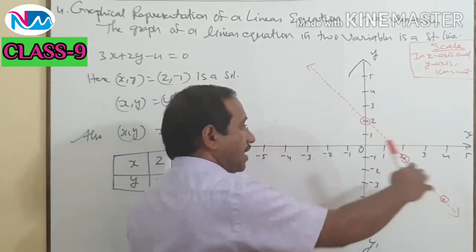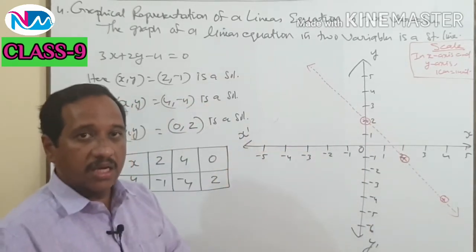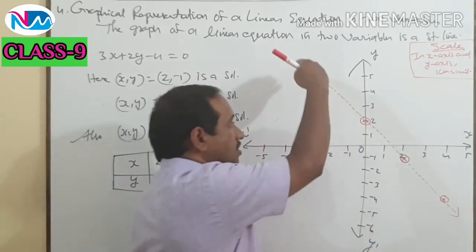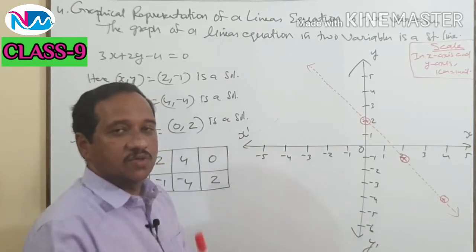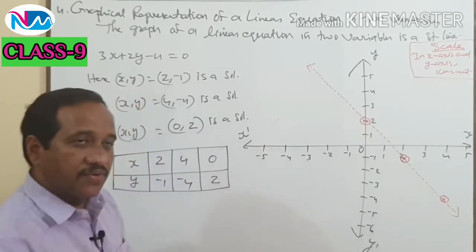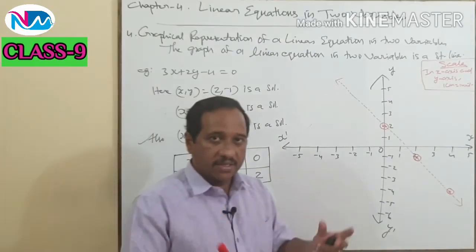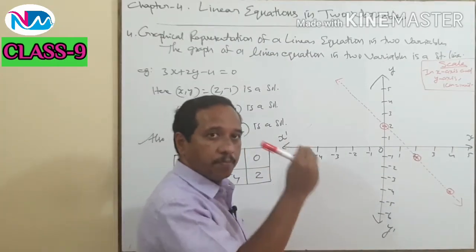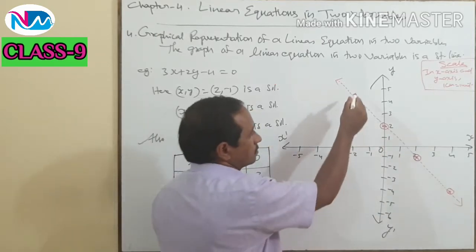This straight line passes through several points, and if you mark any point on this straight line and find its respective x coordinate and y coordinate, that will definitely be a solution of this equation. That means I am going to mark a point on this straight line somewhere here.